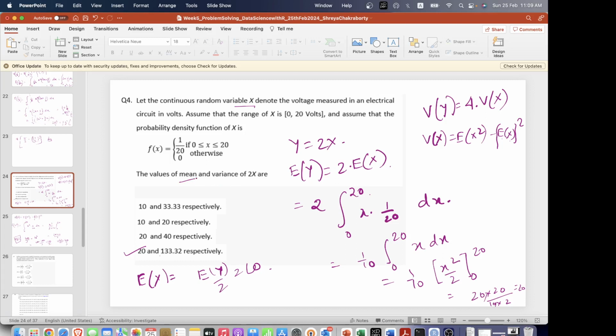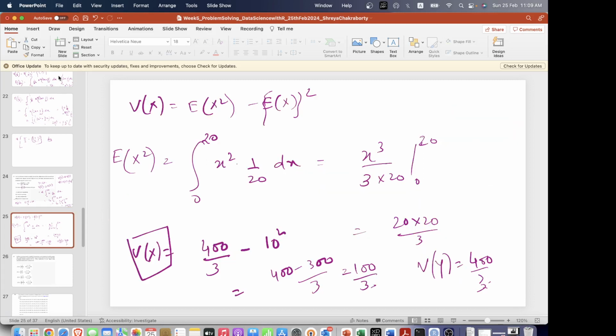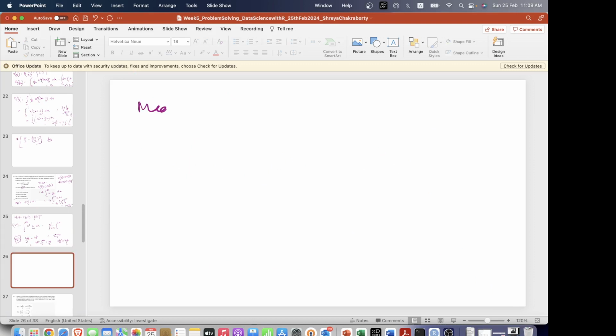If you have to find the mean of 2x, it would be 2 into the expectation of x, and the variance of 2x, you will have to find the variance of x and then 4 into the variance of x.